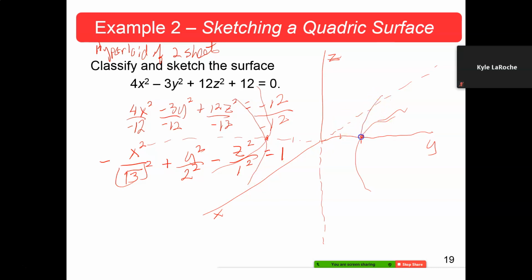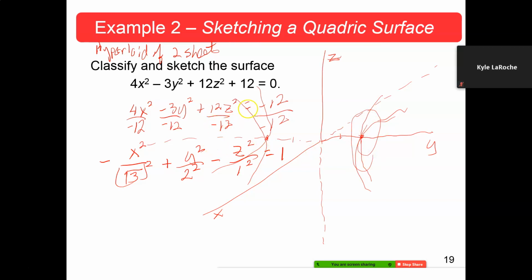Okay, and again, these are really hard to figure out how to draw, because it's hard to see which plane you're in. But then if you ignore the y, then you have x squared plus z squared. Those are both minus, factor out the minus, and that gives you ellipses like this, okay?